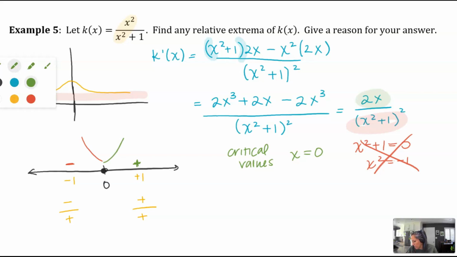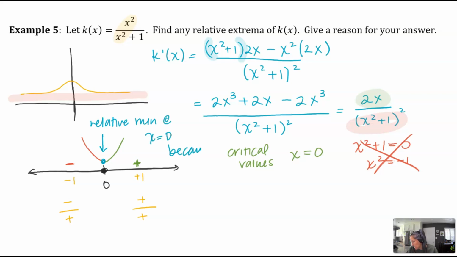So we have a relative minimum, which means my sketch, my guess, was off. We have a relative min at x is equal to 0 because k prime went from negative to positive.